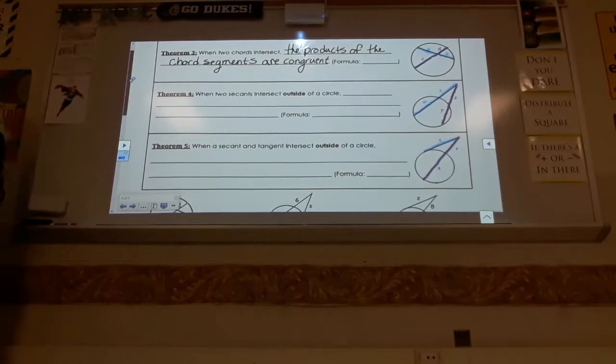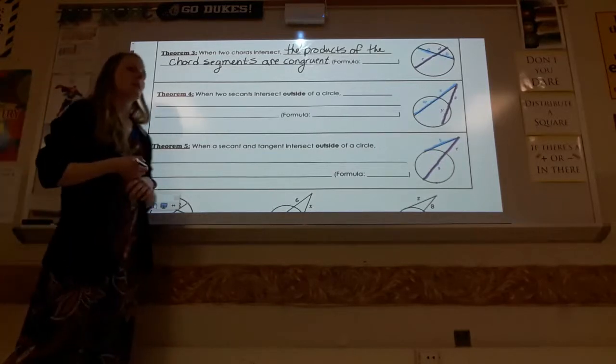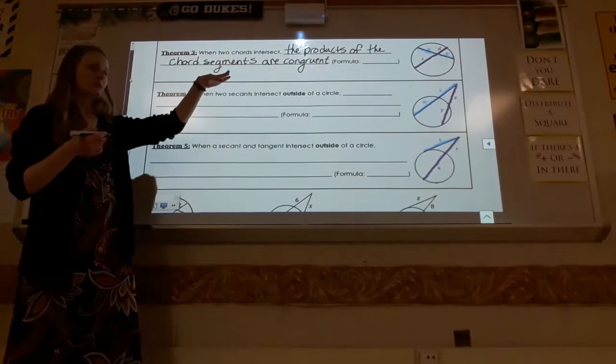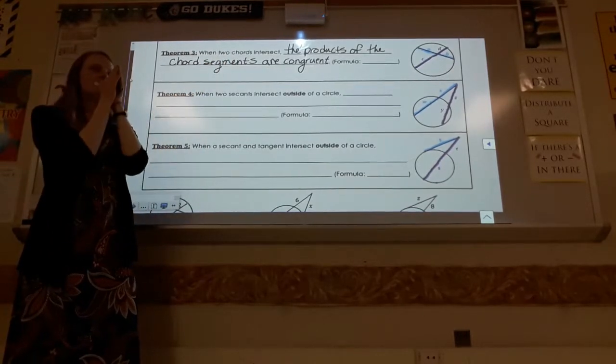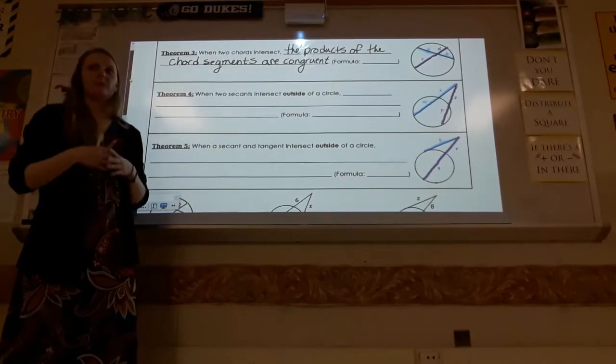Products, meaning multiplication, the products of the chord segments are congruent. So again, this is a very simple formula. All it's saying is that the 2 pieces of one chord, see how they've chopped themselves into 2 pieces. If you multiply the pieces of one chord together and then multiply the pieces of the other chord together, those should be the same.